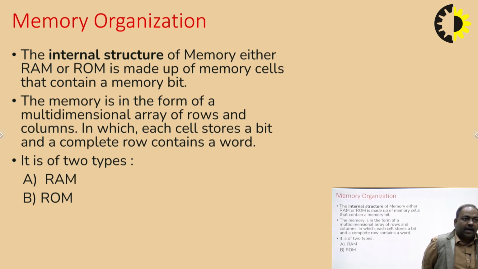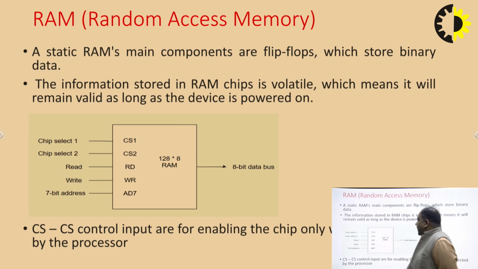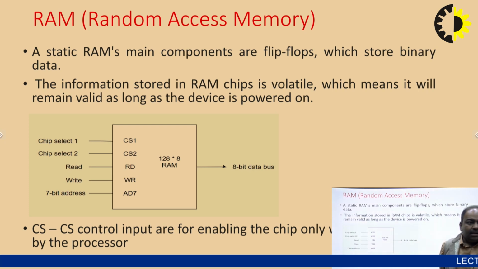There are two types of organization, RAM and ROM, and this RAM is static and consists of flip-flops which store binary data, and the information is volatile as I have told earlier, and it remains valid as long as the device is powered on.